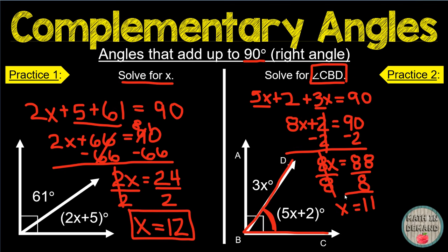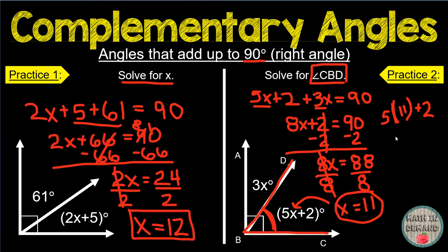So what I'm going to do is take this, x equals 11, and plug it in for x. In order to find angle CBD, I'm going to take 5 times x, so I'm going to do it on the side right here. This is (5 times x, 5 times 11) plus 2.